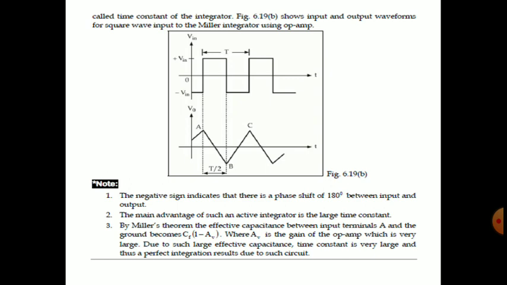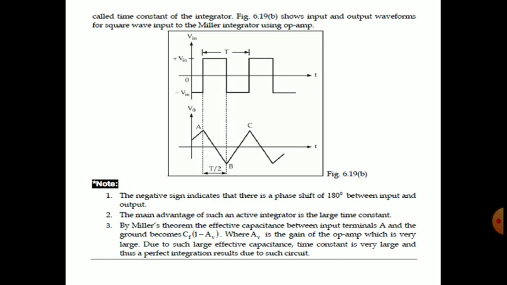Time constant is R into C of the integrator. And figure 6.19b shows the input and output waveforms for a square wave input to the Miller integrator circuit.